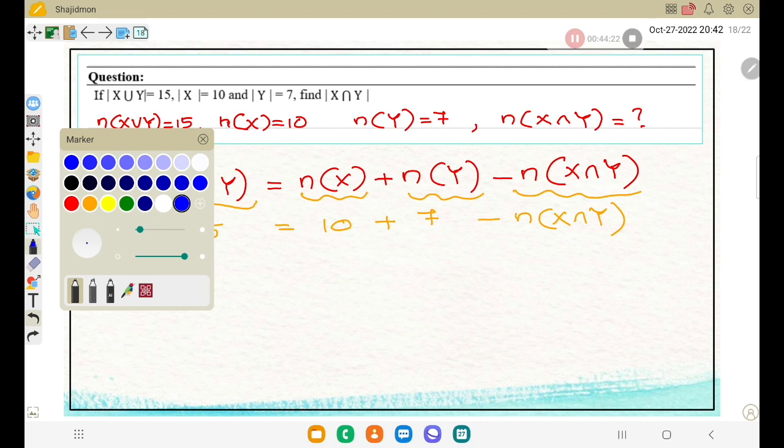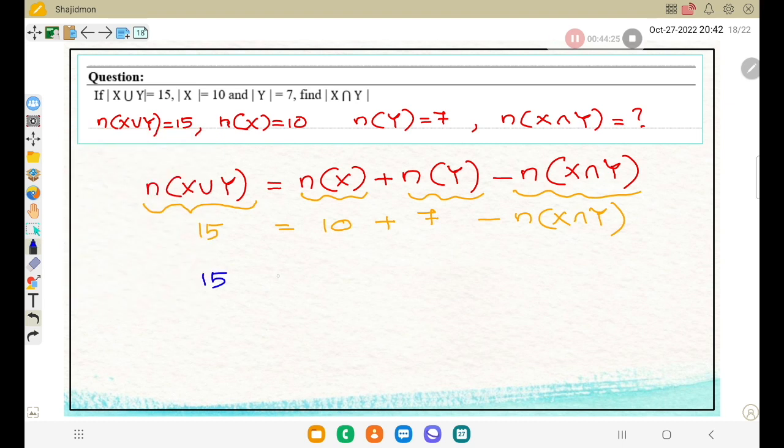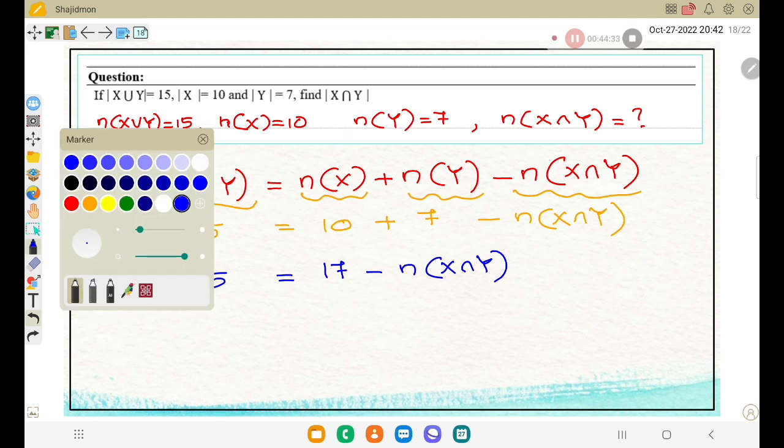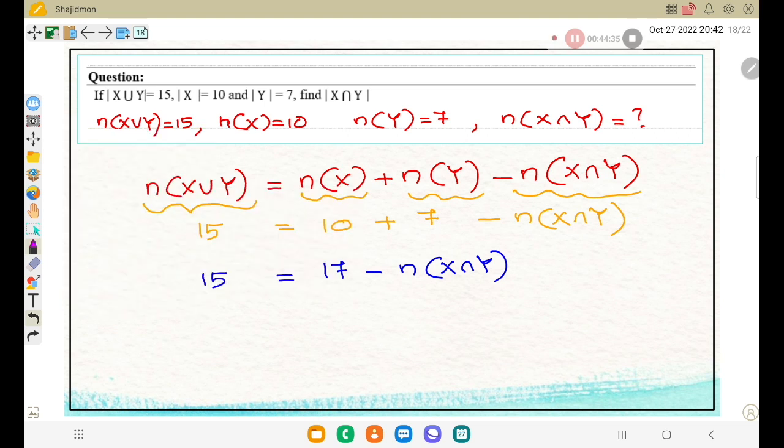So simplify, 15 equals 10 plus 7, 17, minus number of x intersection y. That means this one you can take to the left side.